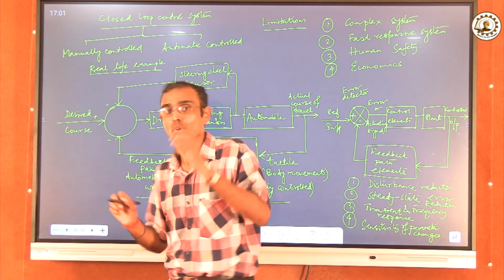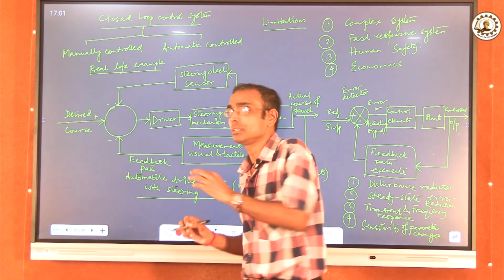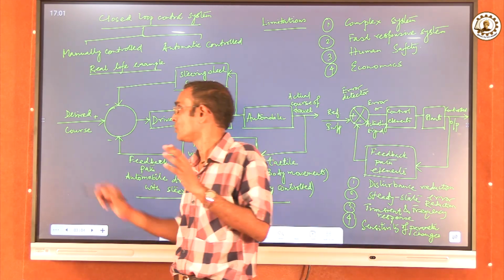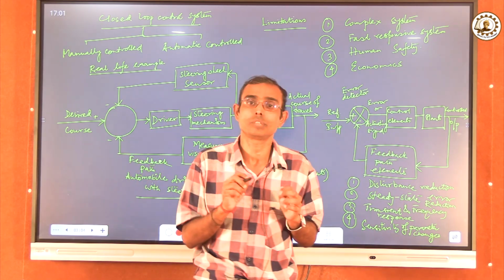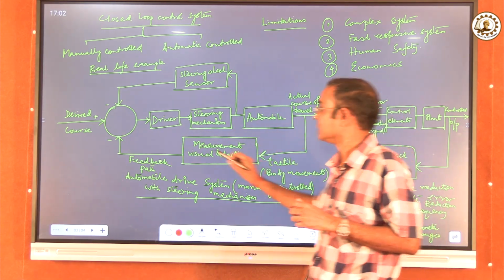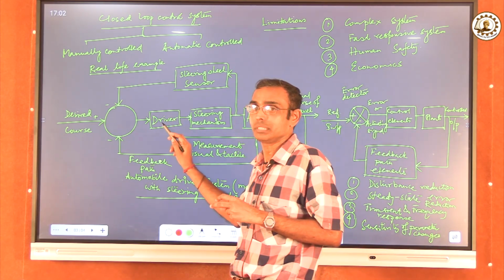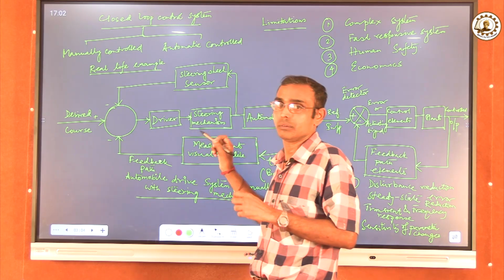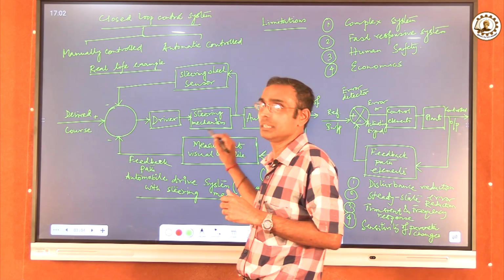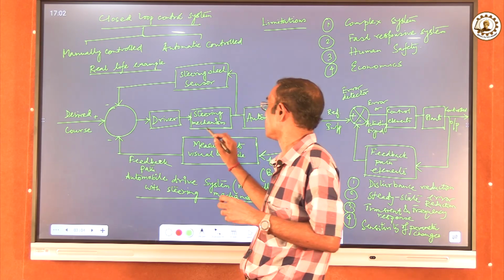Following that benchmark, the intention of the system is to always follow that particular set direction of travel. In the rest of the blocks, you can see the driver sitting over here, working on the steering, and that's why the steering mechanism is shown in this block.